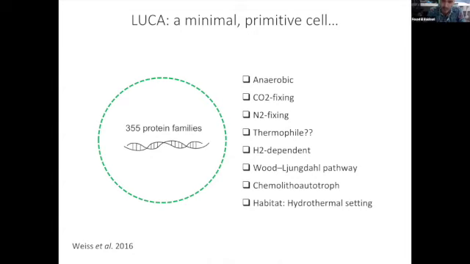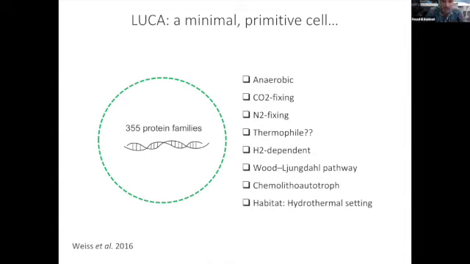So this reconstructed common ancestor was anaerobic, CO2 fixing, nitrogen fixing, and maybe thermophilic, although David Deamer wrote a letter about it called Was LUCA a thermophilic progenote? It was issue dependent, and it has all the other characteristics, chemolithotroph, and living probably in hydrothermal settings.